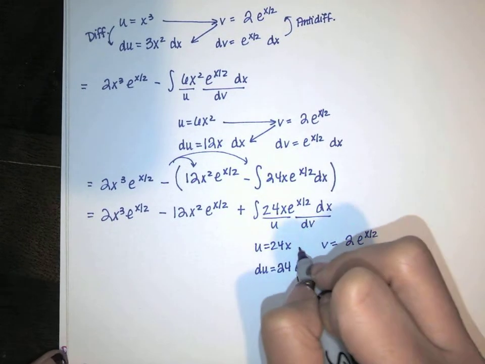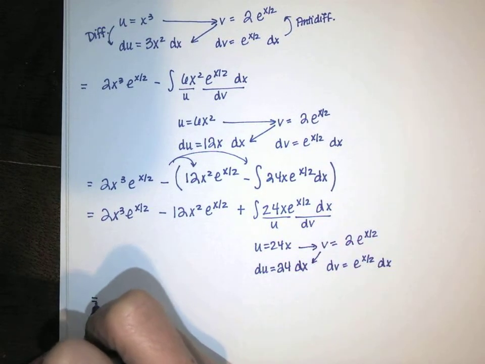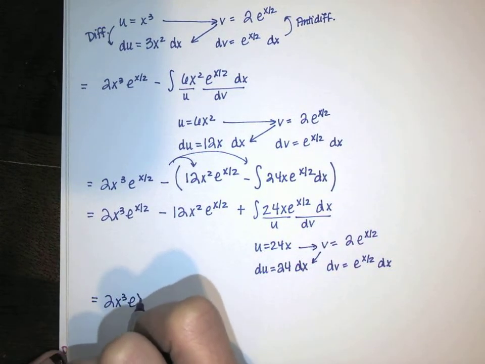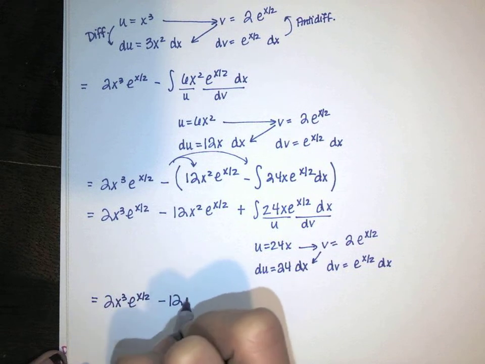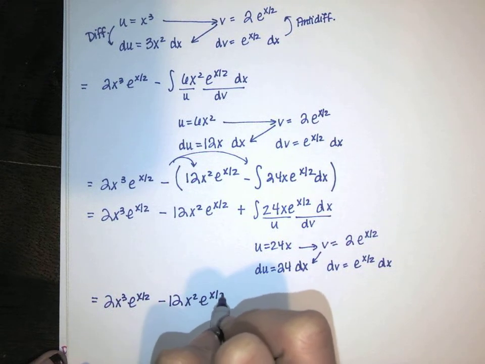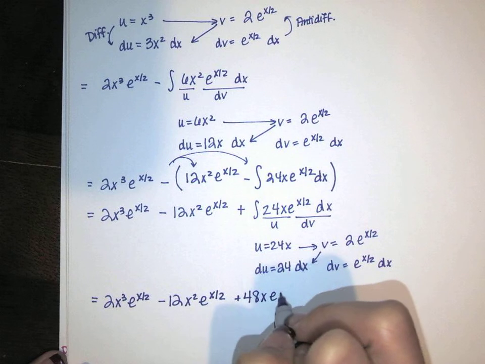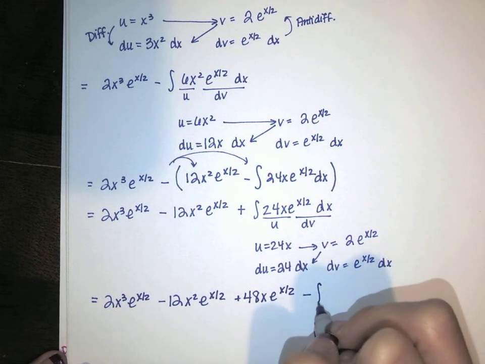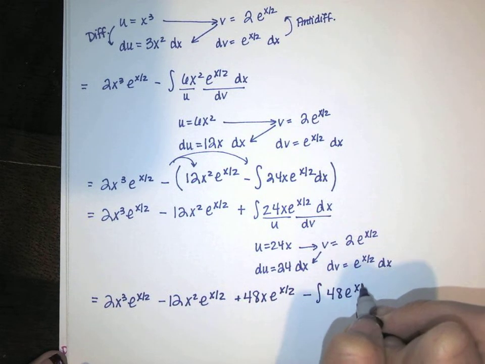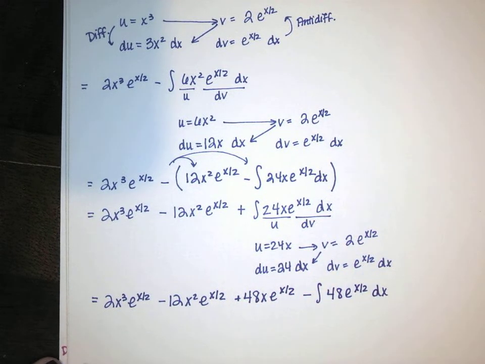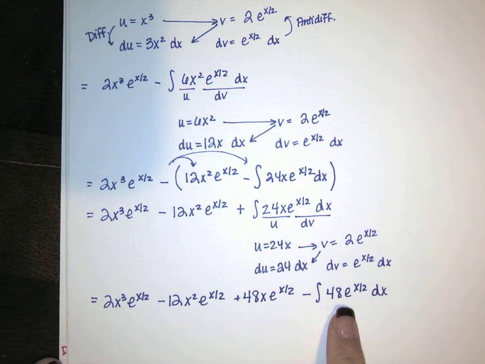And so according to integration by parts, we get uv minus the integral of v du. Do we have a rule for that?